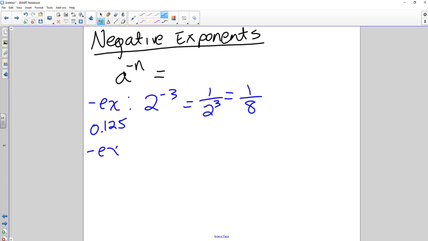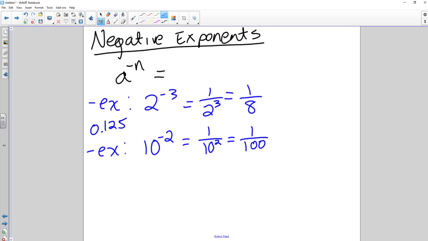Or how about 10 to the negative second power? So again, if I write 1 over, bring that base of 10, that doesn't change. The exponent, though, changes from negative 2 to a positive 2. So now 10 squared is 100, so my answer is 1/100th.